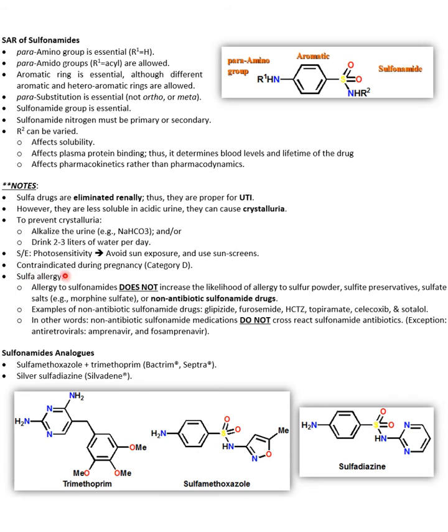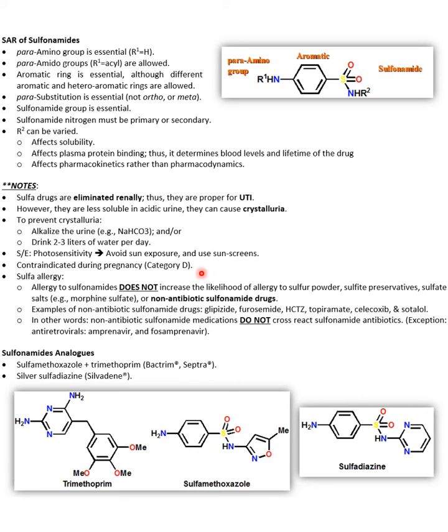Another feature or property of the sulfonamides is that they are contraindicated during pregnancy. They should not be used during pregnancy. They are category D, and if you remember the pregnancy categories, we have A, B, C, D, and X. The safest is A, and of course X would be the worst.